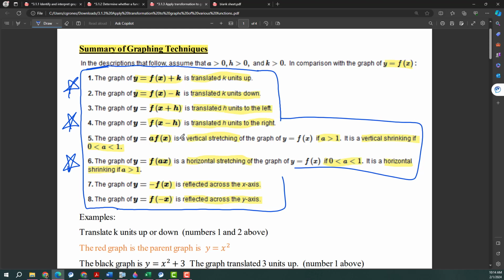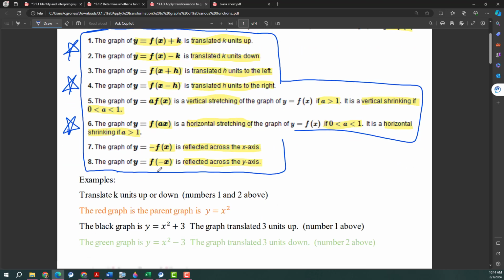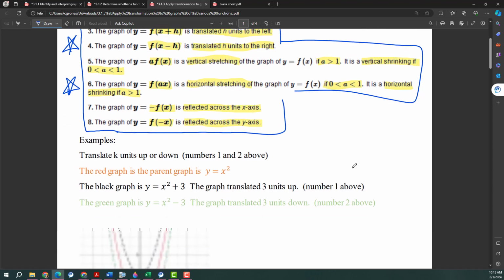We have a times f of x, and that is a vertical stretching if a is greater than 1. But if it is a fraction, then it is going to be shrinking our graph. And then we have f of a times x, and that is a horizontal stretching if a is a fraction, and it's a shrinking if a is greater than 1.